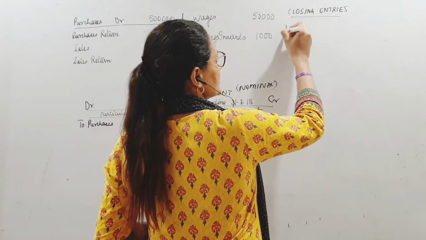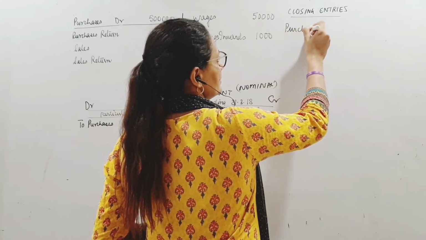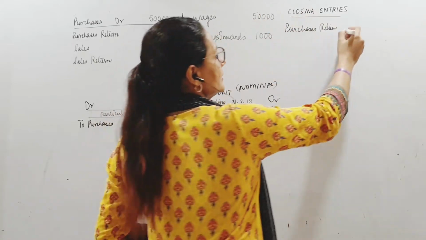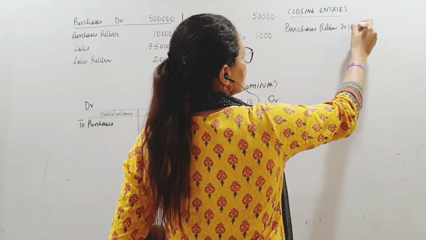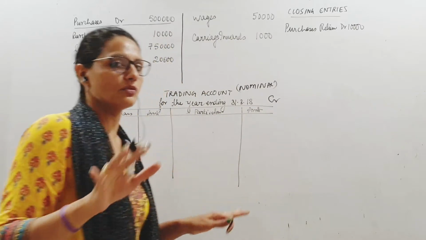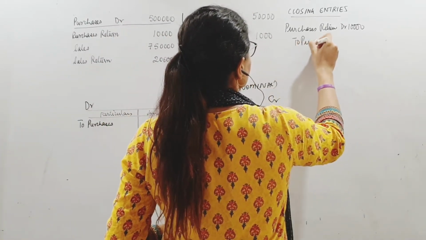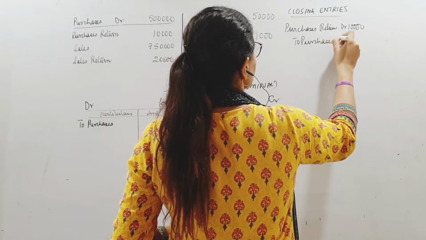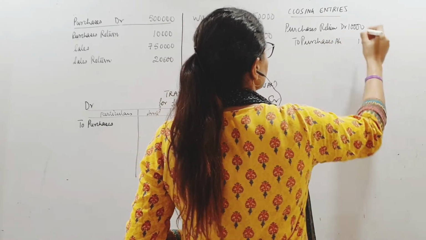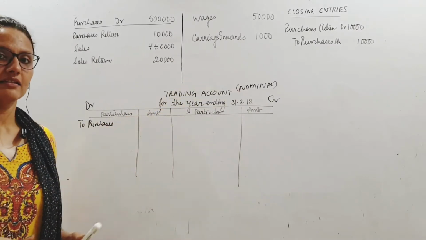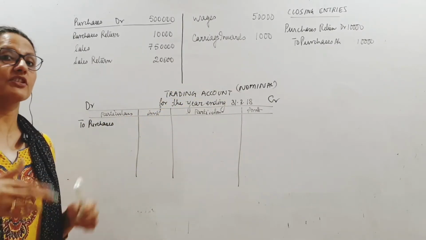If we pass this closing entry, purchase return always has a credit balance, so we debit it with 10,000. So this purchase return account will be closed, and we credit the purchases account with 10,000.